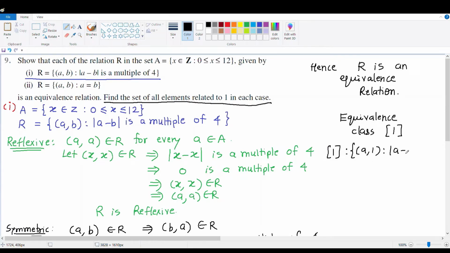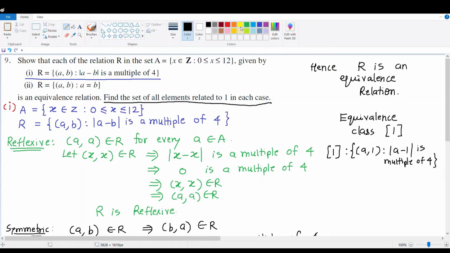And mod of a minus 1 is a multiple of 4. Now we are given A equals all the integers from 0 to 12. From that 0 to 12, you need to find all the possible numbers where a minus 1 is a multiple of 4.